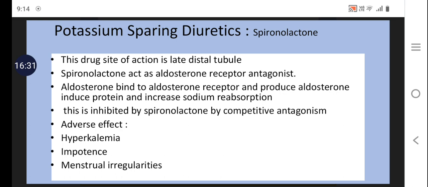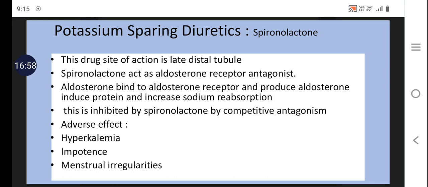In the late distal tubule, there are aldosterone receptors, and in normal physiology, aldosterone binds with the aldosterone receptor in the late distal tubule. It produces an aldosterone-induced protein, and this protein is responsible for increasing the reabsorption of sodium from the late distal tubule.